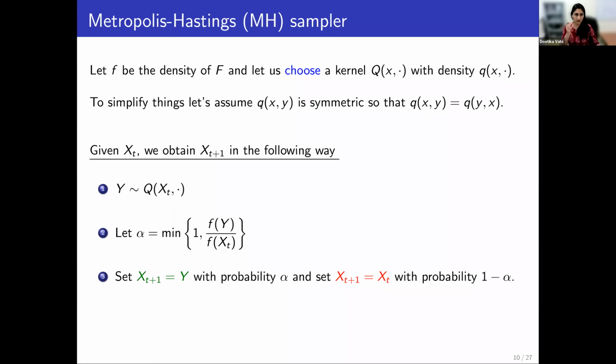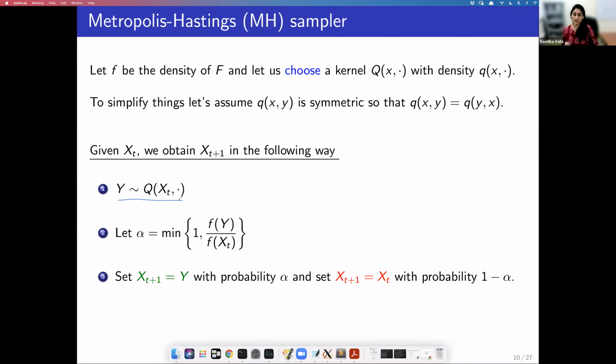Okay, so given a current step x_t, the MH algorithm updates in the following way. It proposes a value y from the proposal kernel Q given the current point. So if I'm over here in the circle, this square is my Q, and any value that I propose in this box can be denoted as y.